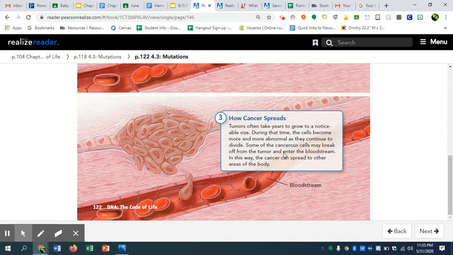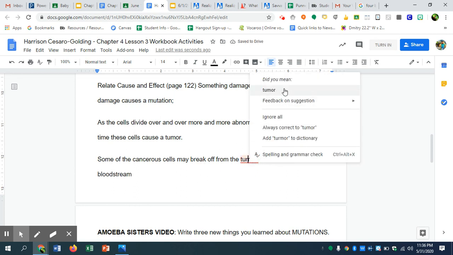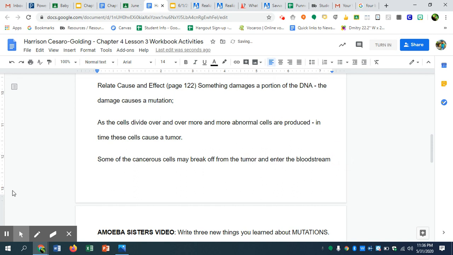And then the effect of that is the cancer can spread to other areas of the body. That's the cause, the effect.